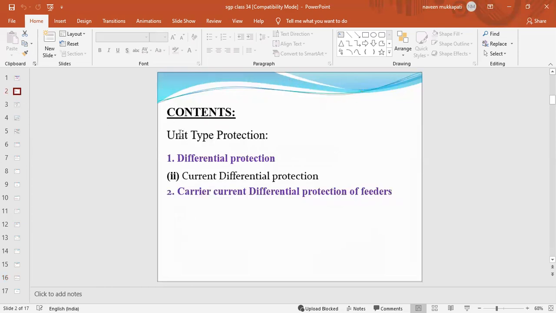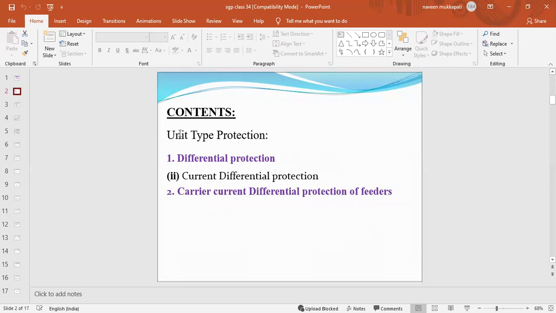Okay, basically the feeder line protections are divided into two types. First one is the non-unit type of protection of a feeder. Second one is the unit type of protection of a feeder. Basically, the non-unit type of protection is divided into three types. What are the three types?